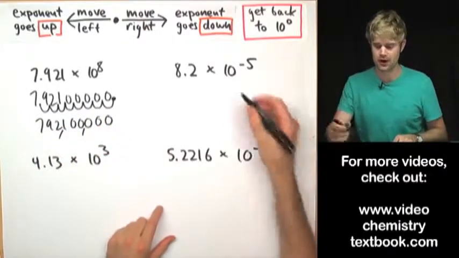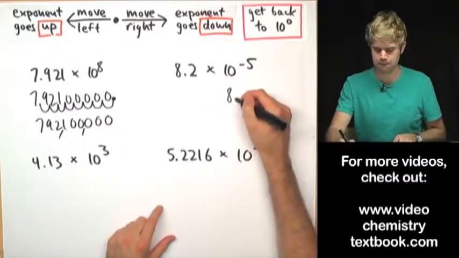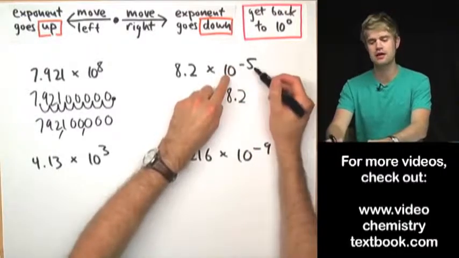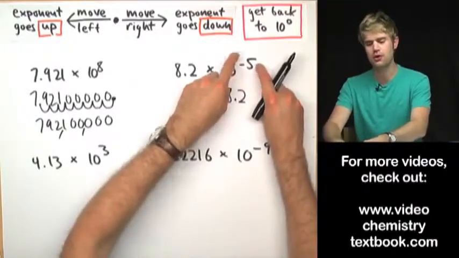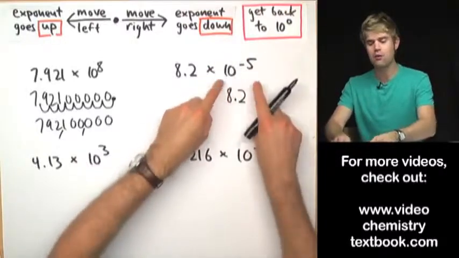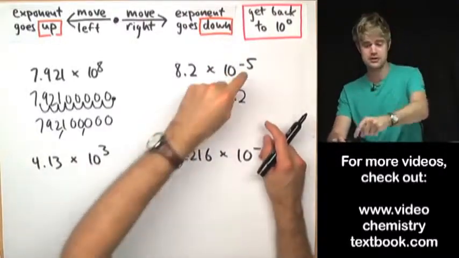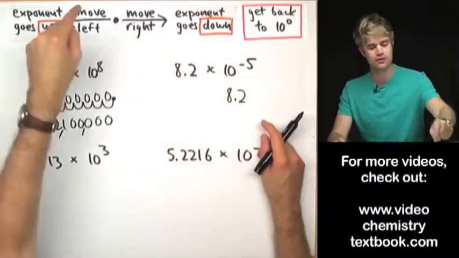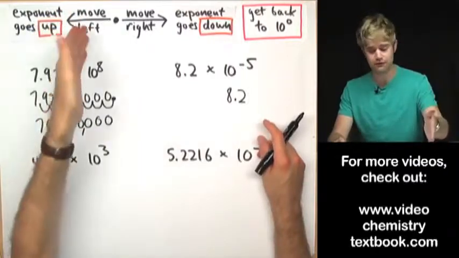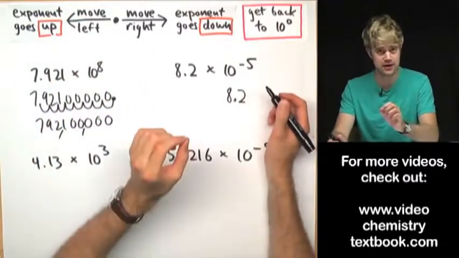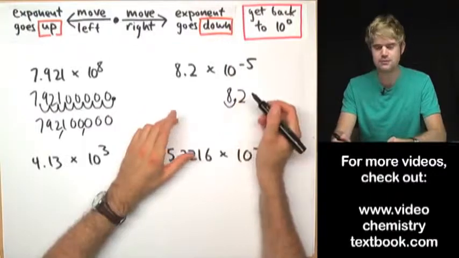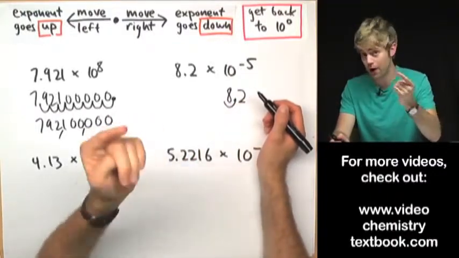Okay, now for this one here, 8.2 times 10 to the negative 5th. I want to get this exponent back to 0, so I want the number to go up because it's a negative number. So I want to move the decimal place to the left. Okay, so right here, it's 10 to the negative 5th. Move it one spot, it's 10 to the negative 4th. It went up one.